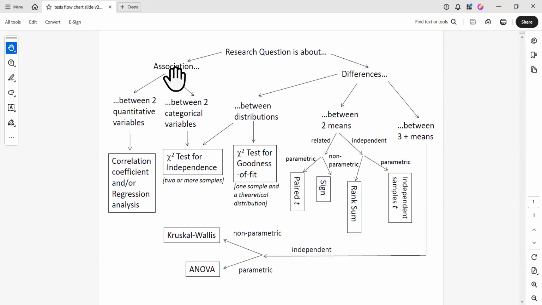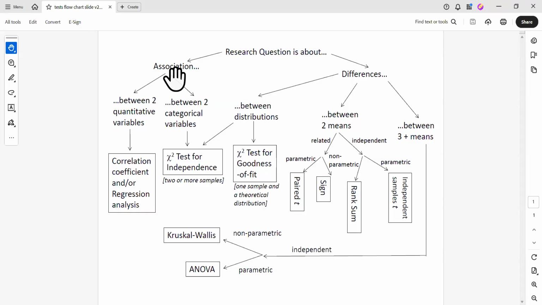The differences side of the diagram has a group of tests that are below the arrows that point down from differences between 2 means. The first distinction is arrows pointing towards related to the left versus independent pointing to the right.